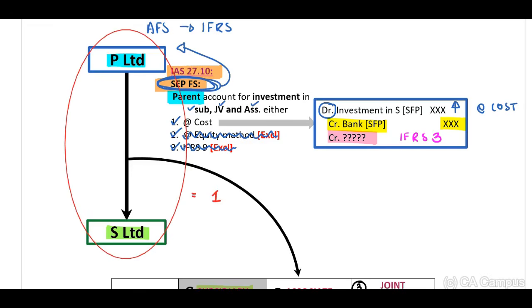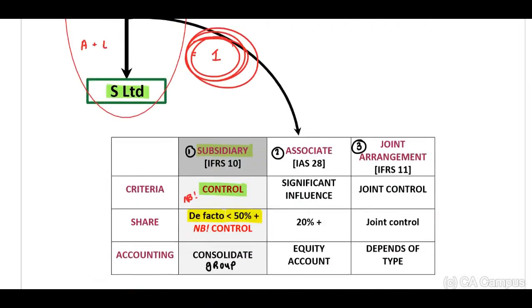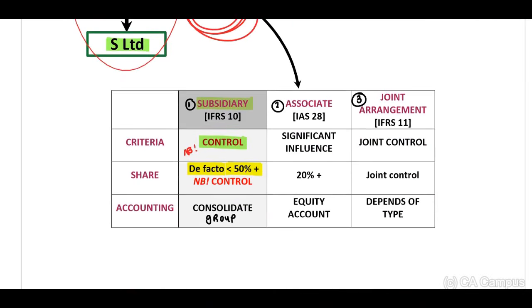These 2 entities will now be seen as one entity. Therefore, we will have to add all of the assets and liabilities of P Limited plus all of the assets and liabilities of S Limited. We are now one entity. We consolidate. We're going to spend a bit of time on this in today's lecture.